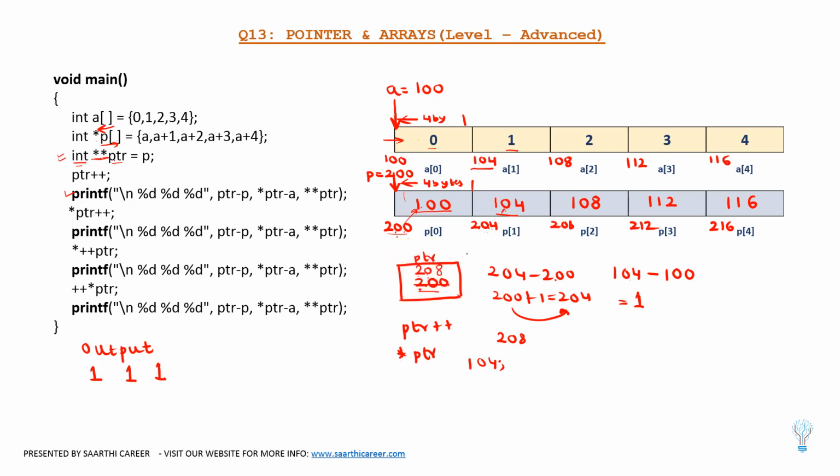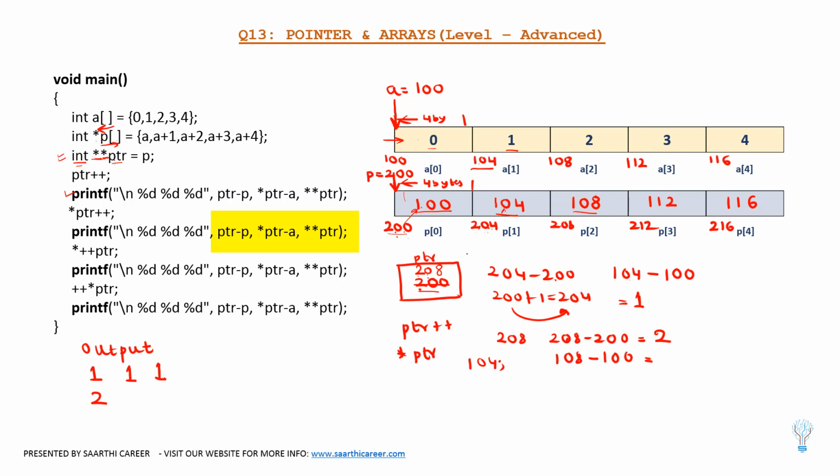And now again we go back to the printf statements, where first we do ptr minus p. So we are first doing 208 minus 200. Between 208 and 200, we know that we can go to 208 from 200 in 2 steps, because it increments in steps of 4. So 208 minus 200 will give you the value 2. The next is *ptr minus a. So we dereference location 208, we get 108, and 108 minus a, where a is 100.